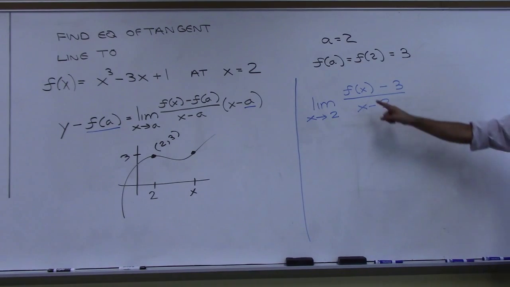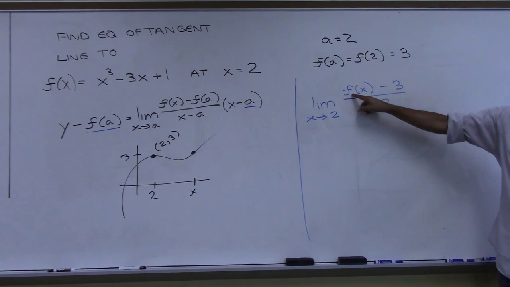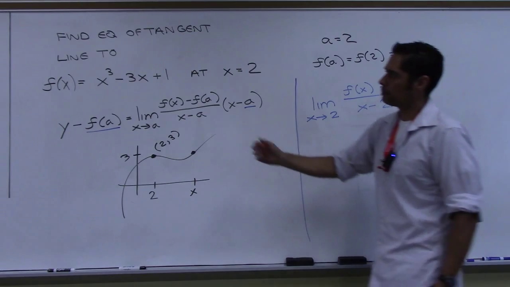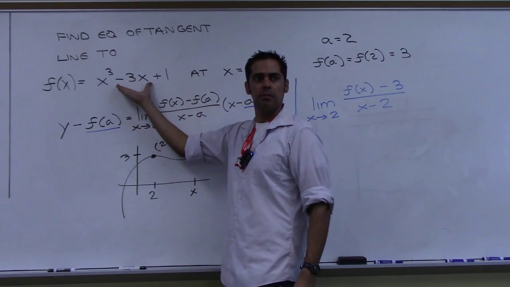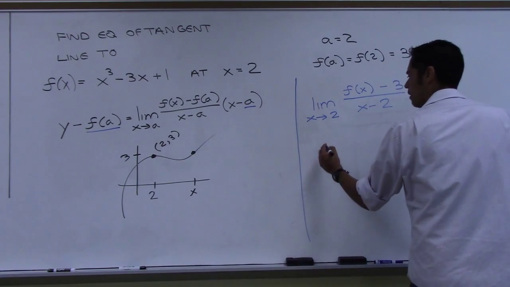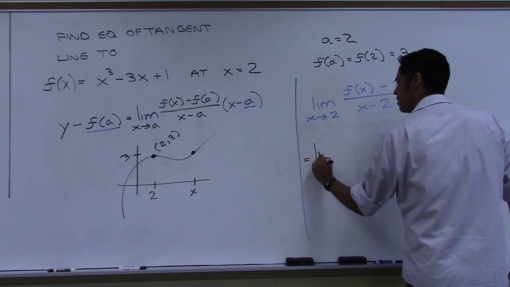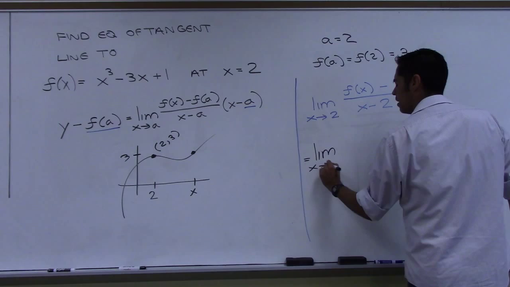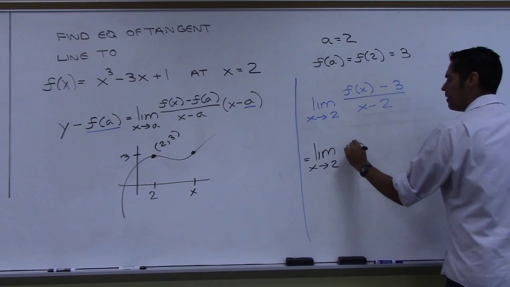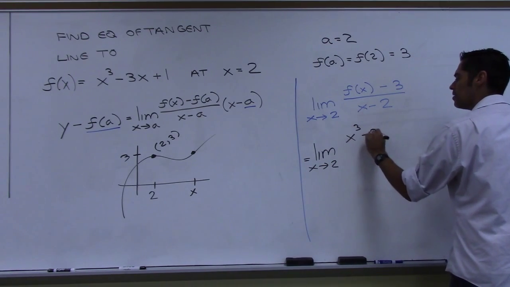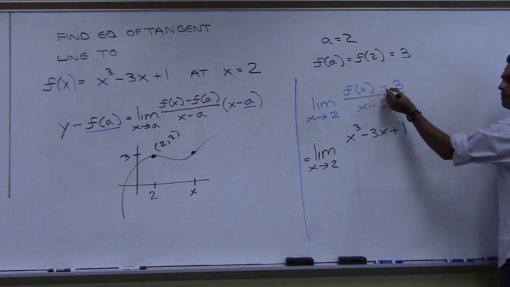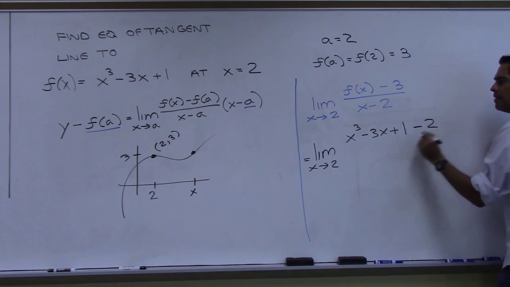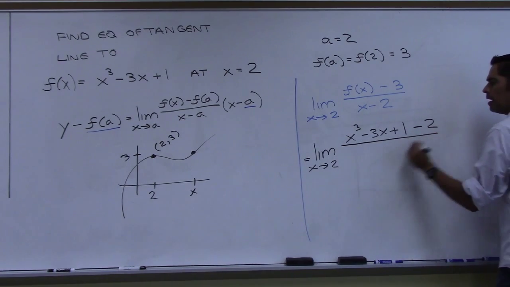But what is f of x? It's this, right? You just plug it in. So this becomes the limit as x approaches 2 of x cubed minus 3x plus 1, but then minus 3, and then over x minus 2.